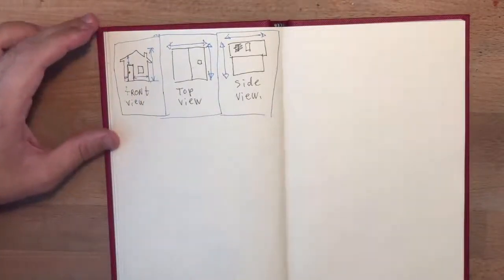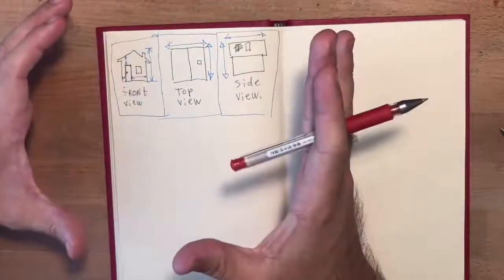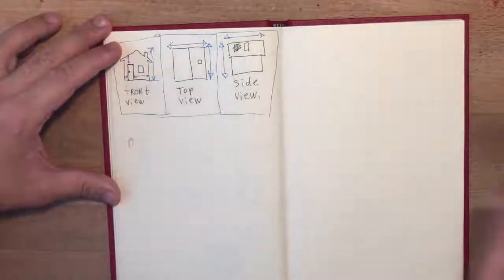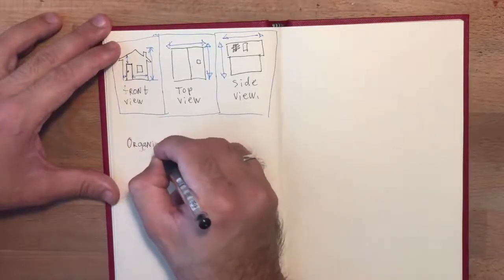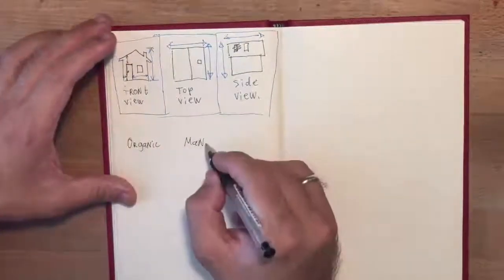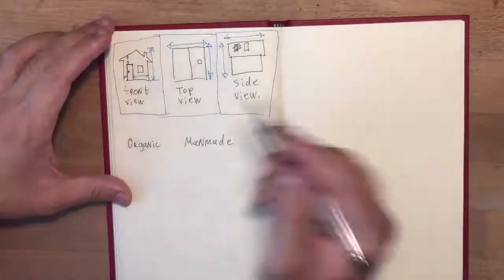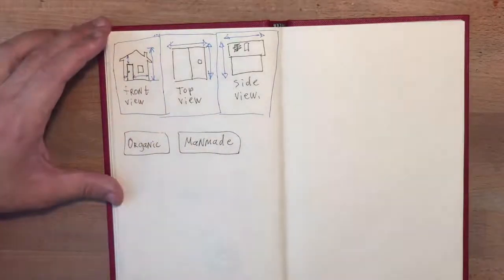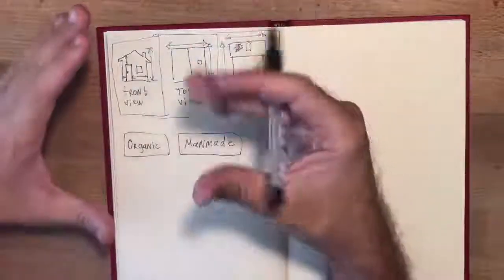Okay, yeah, so also let's just mention, I have also two major groups. It's organic and, let's say, man-made, artificial kind of. So it's natural and artificial objects. So let's say just kind of very overall kind of thing.